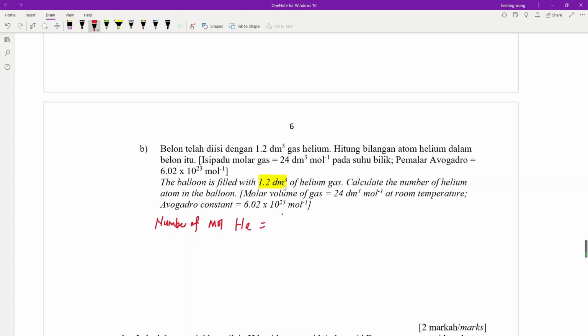So volume given to you 1.2 over the molar volume, which is 24. So you will get 0.05 mole.